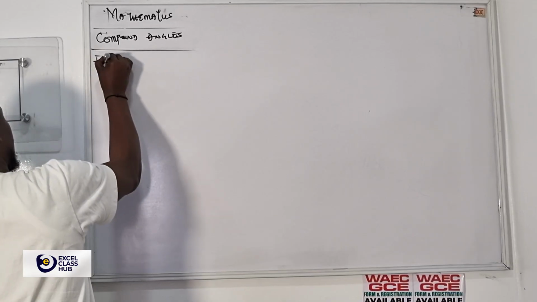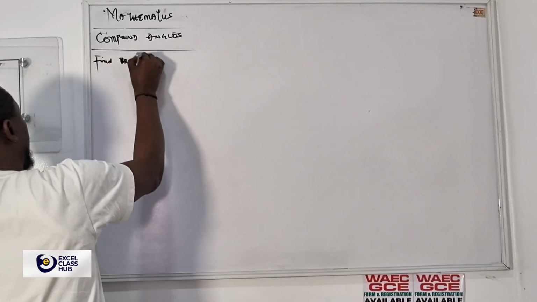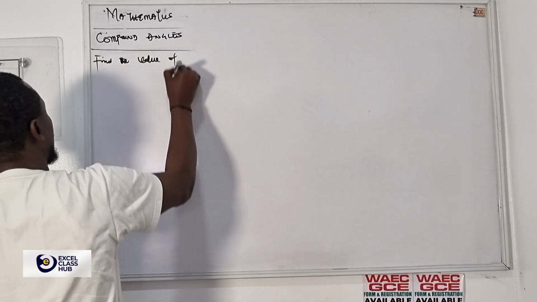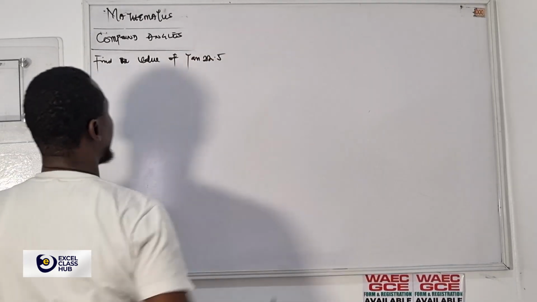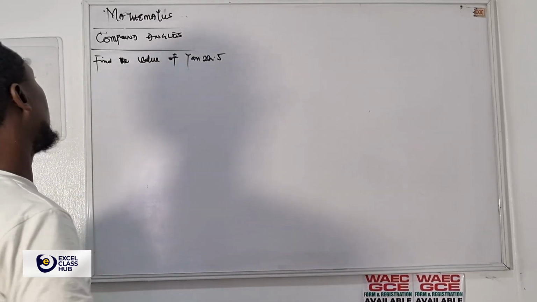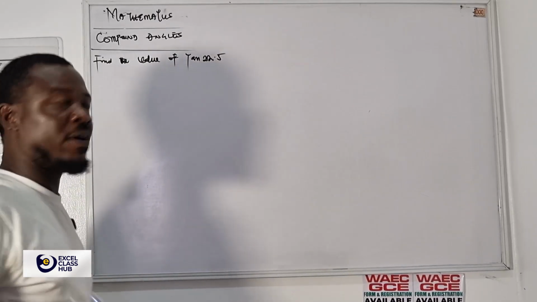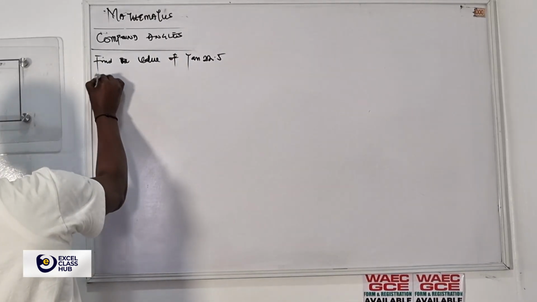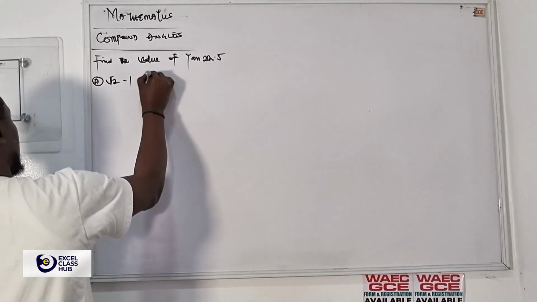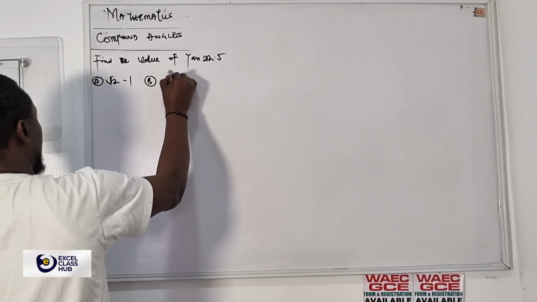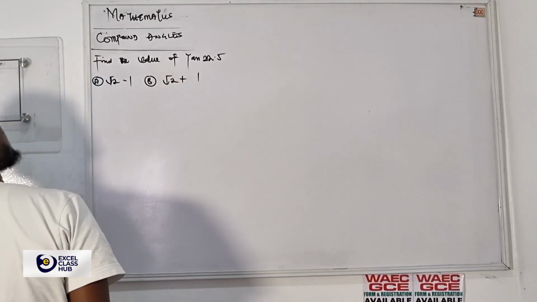Find the value of tan 22.5. Find the value of what? Tan 22.5. Option A says root 2 minus 1. B says root 2 plus 1.